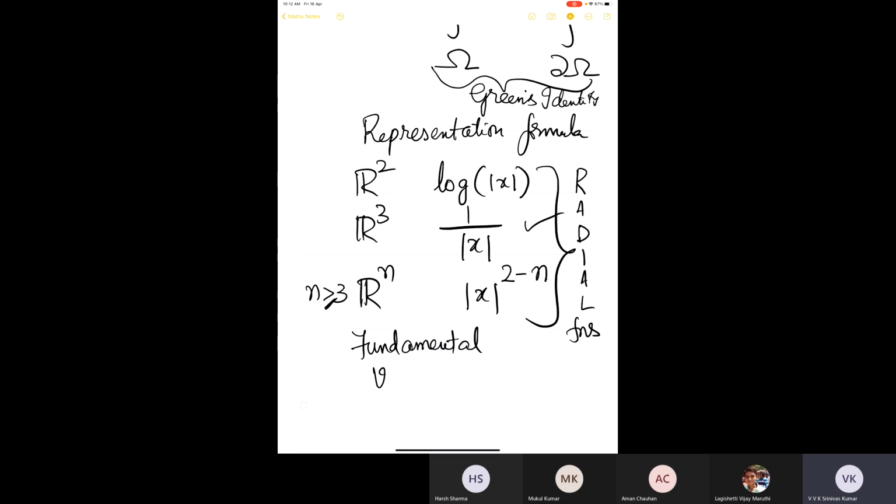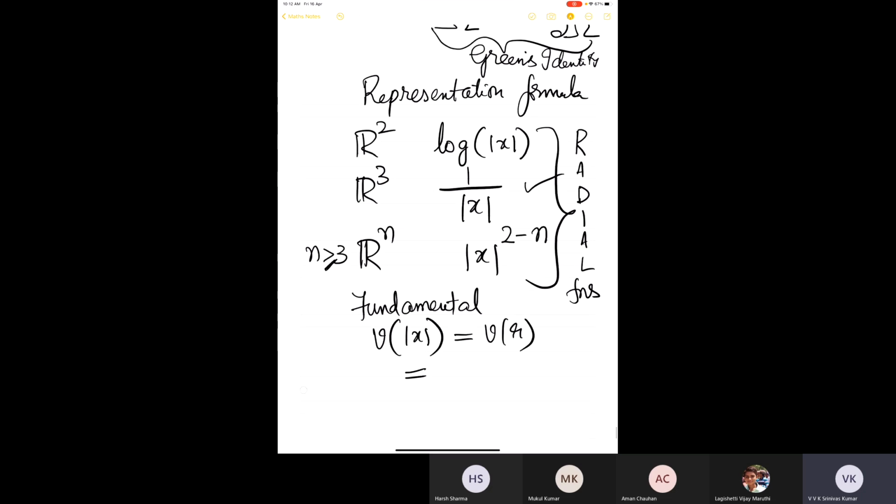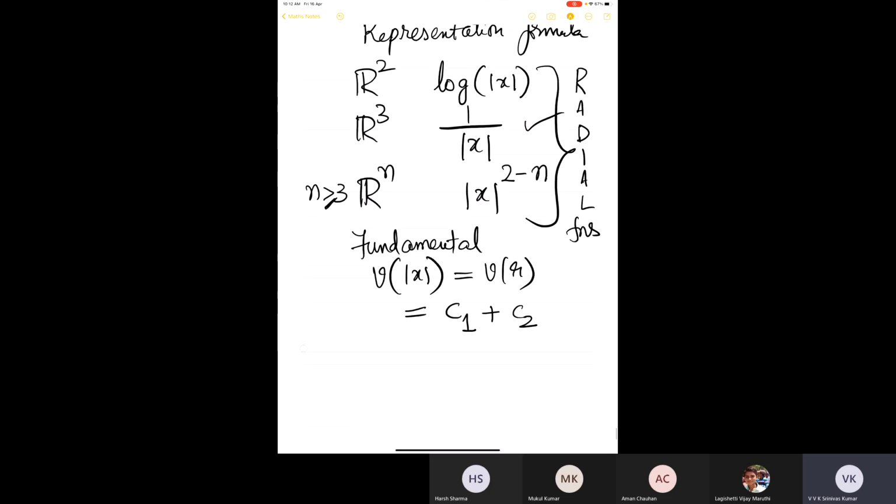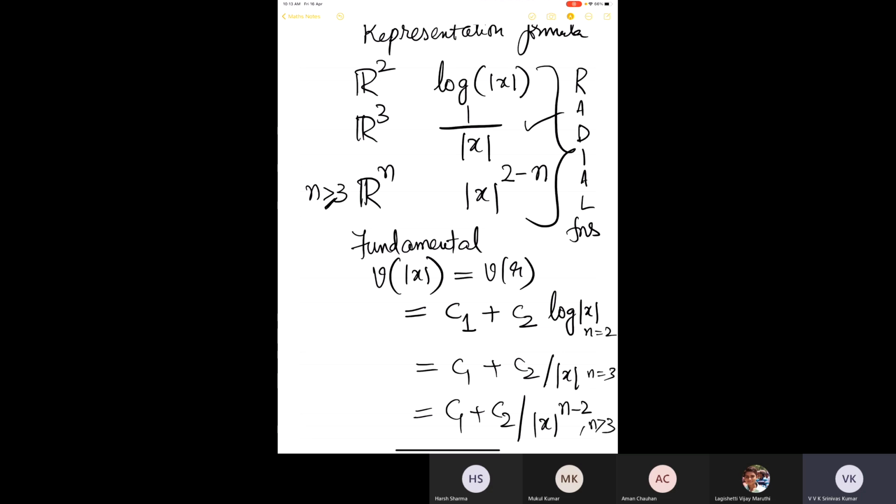The fundamental solution V of mod x, or V of r, is equal to C1 plus C2 log mod x in the case n equals 2, C1 plus C2 upon mod x in the case n equals 3, and C1 plus C2 upon mod x to the power of n minus 2 for n greater than 3.